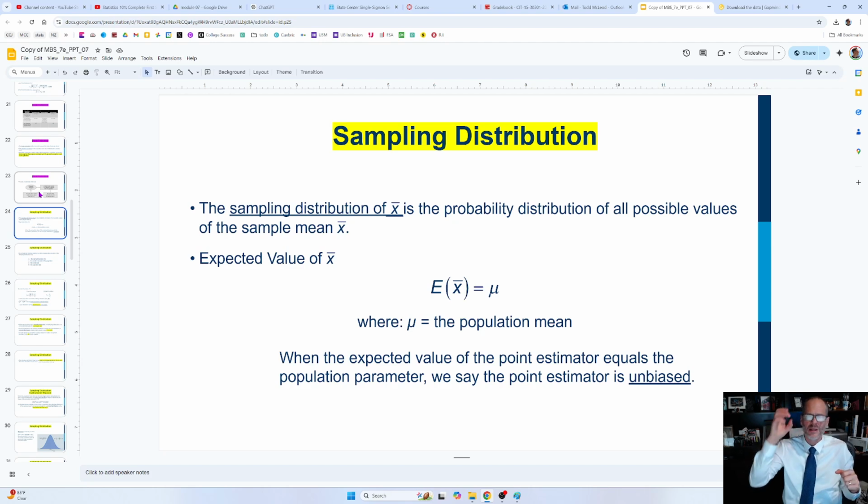So the parameter we're interested in is the average height of the population. How accurately is the sample point estimator, the sample mean, getting close to the population mean?